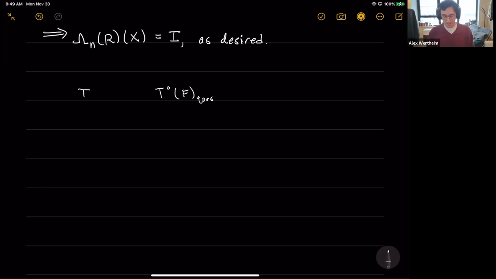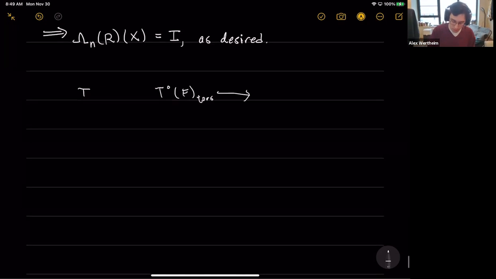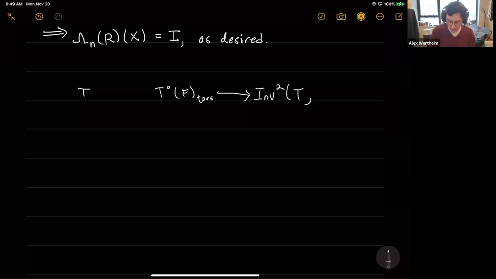And so this gives you a map from these torsion points of the dual to degree 2 invariants with, say, values in Milnor K2 mod n.